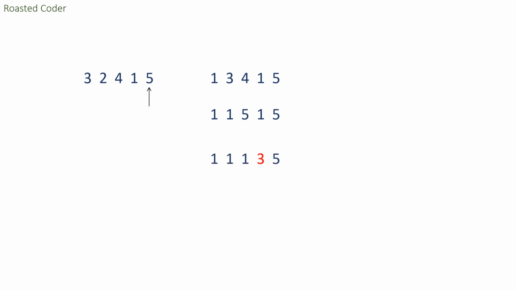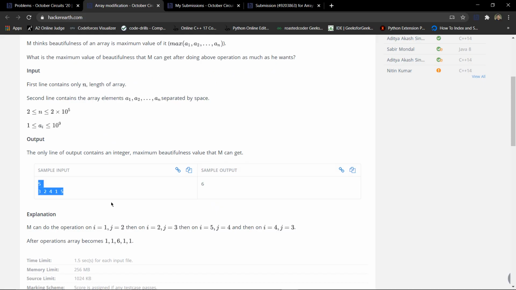In the next step we subtract 2 from here 2 times, so we subtract 4 from here and add 2 to this element, then it will become 3. Again in the next step we add 1 to this number and subtract 2 from here. So for this index we have 6 as output, and we saw that for this test case 6 is the output.